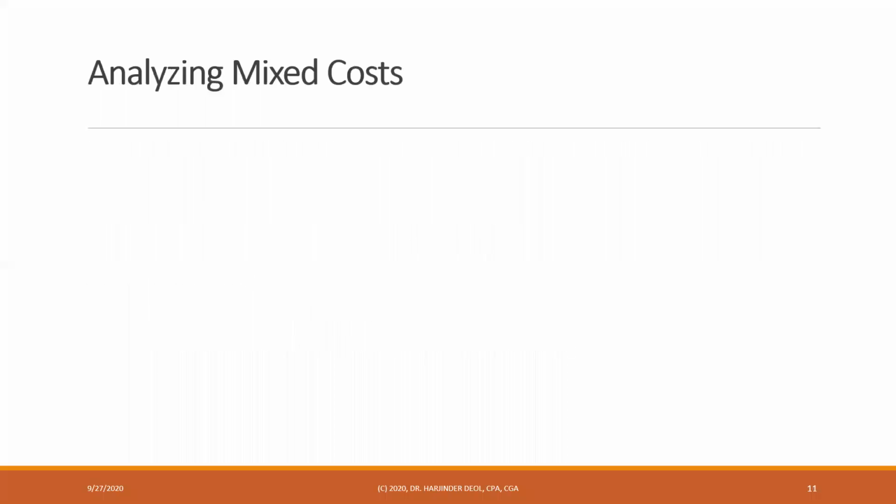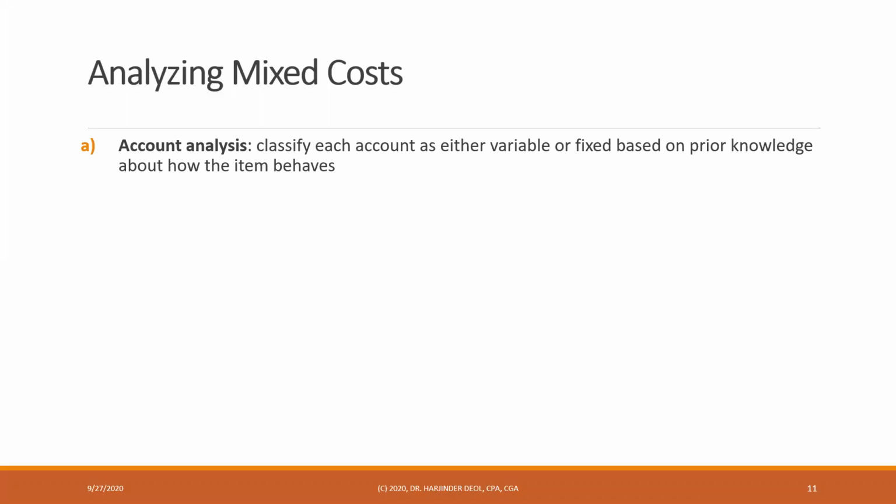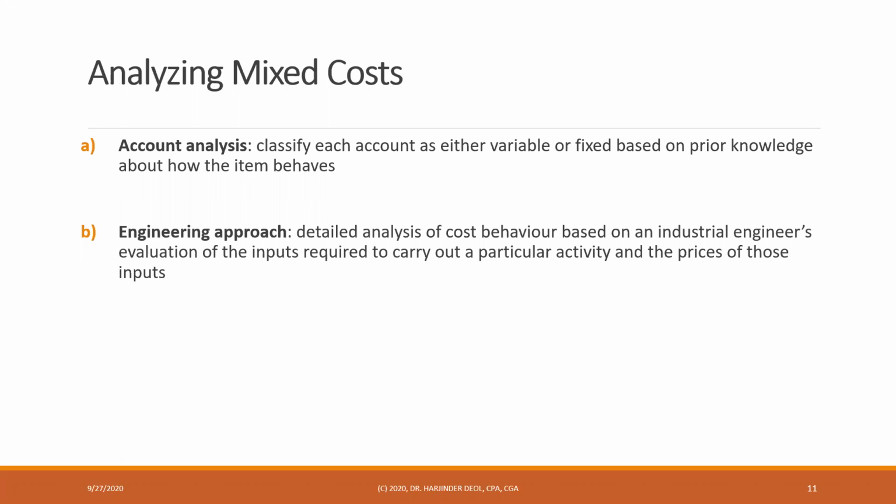Now, in order to understand our mixed cost, we use different techniques. One of them is account analysis. So the company can classify each account as either variable or fixed based on their prior knowledge. Alternatively, we can use an approach called engineering approach.